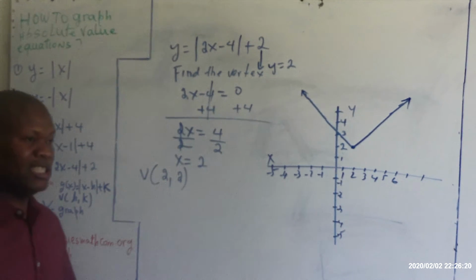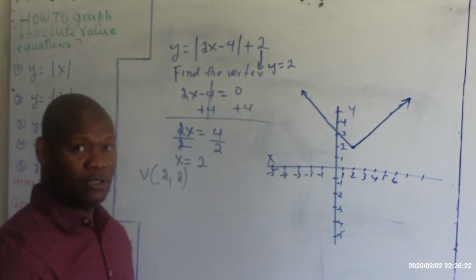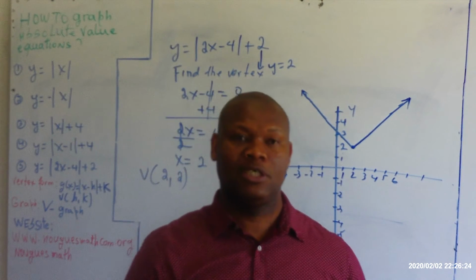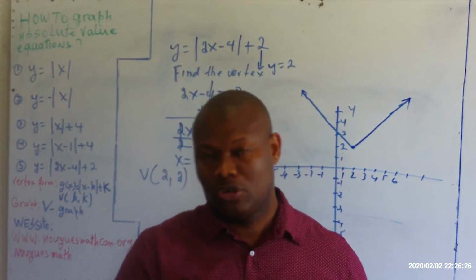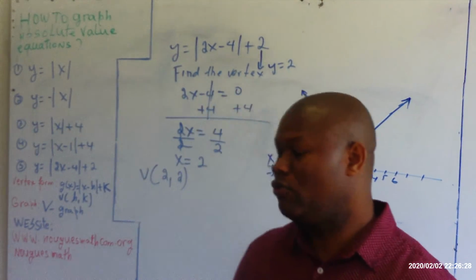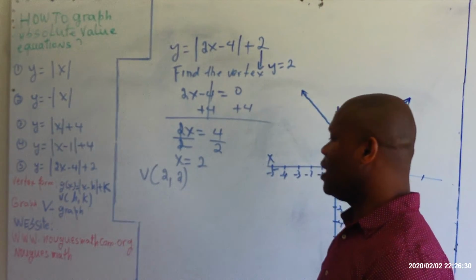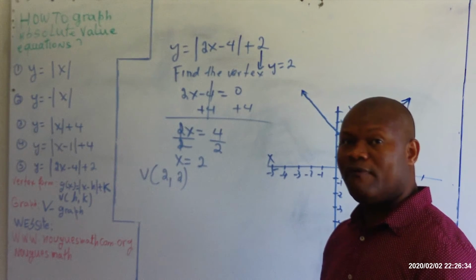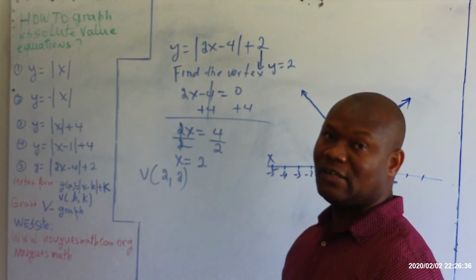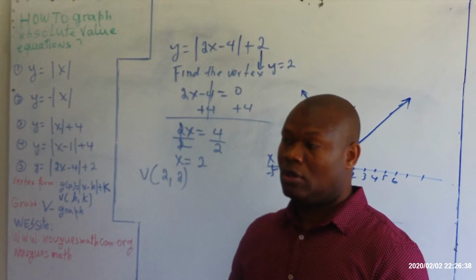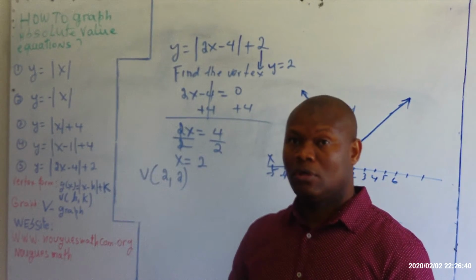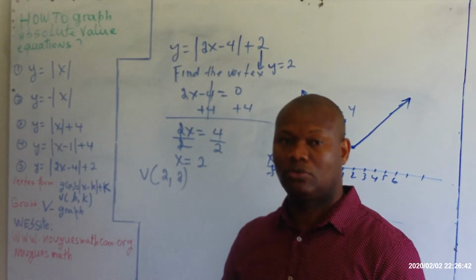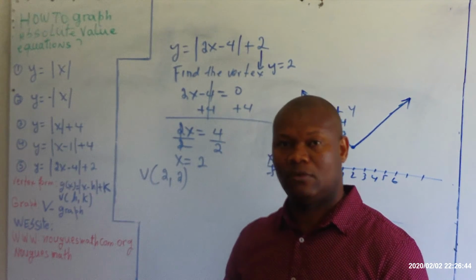Remember, the thing you have to remember, an absolute value equation requires a V graph, okay? When you graph it, you have to have a V graph. You can use a table of values to graph an absolute value equation. That's why I taught you how to make a table of values.